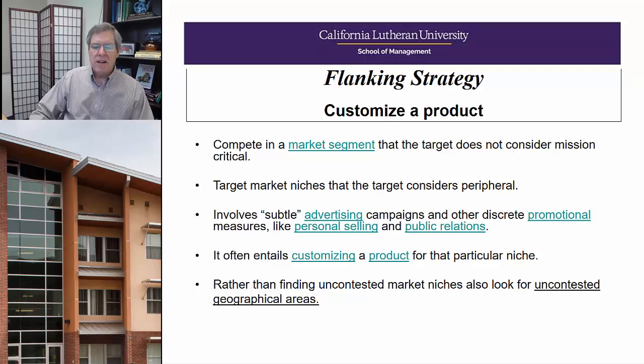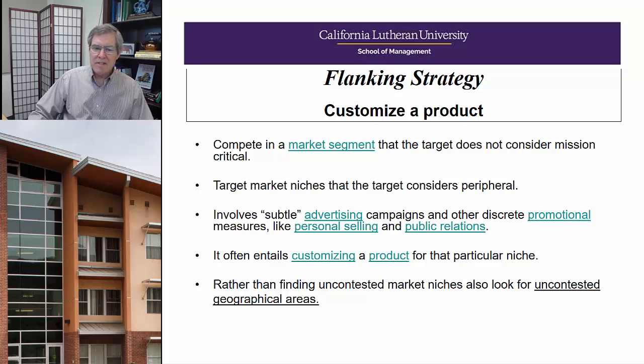The next strategy is a flanking strategy. This is where you customize a product, so you compete in a market segment that the target does not consider mission critical. Target the market niches that the target considers peripheral to their core business.